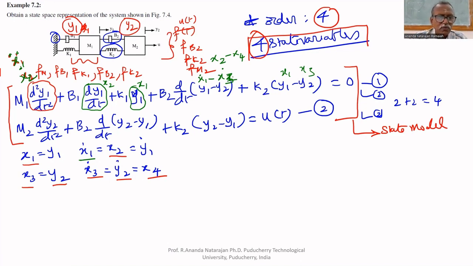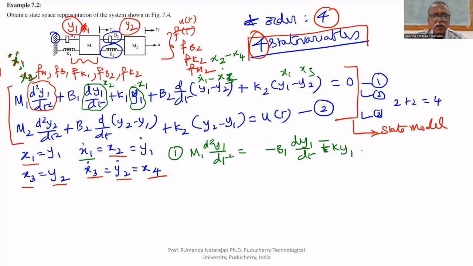Now we'll convert. Before converting this, the first equation can be written as M1 d square Y1 by dt square equal to minus B1 dy1 by dt minus K1 y1 minus B2 d by dt of y1 minus y2 minus K2 y1 minus y2.